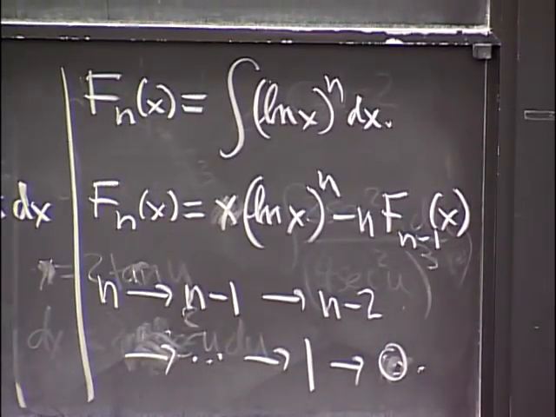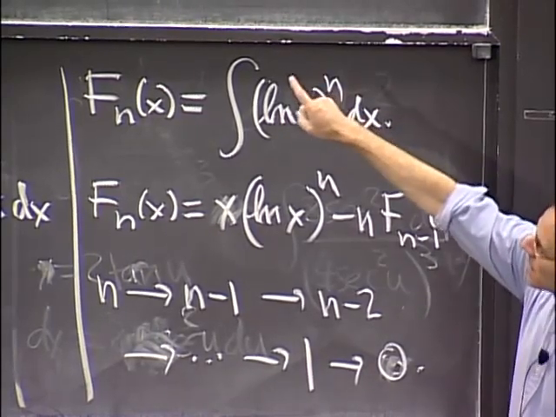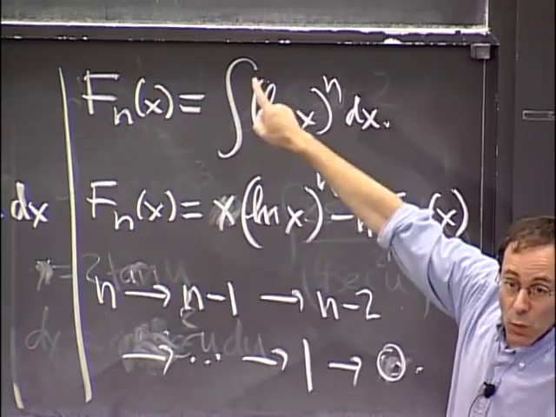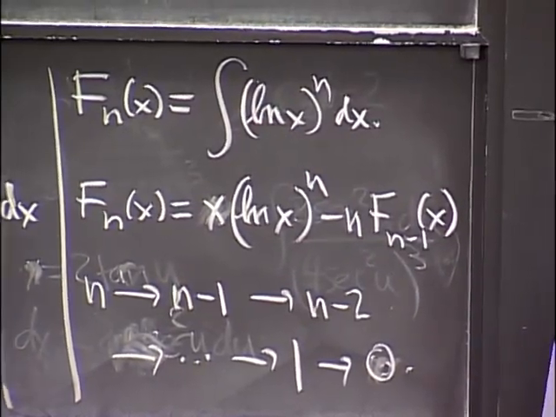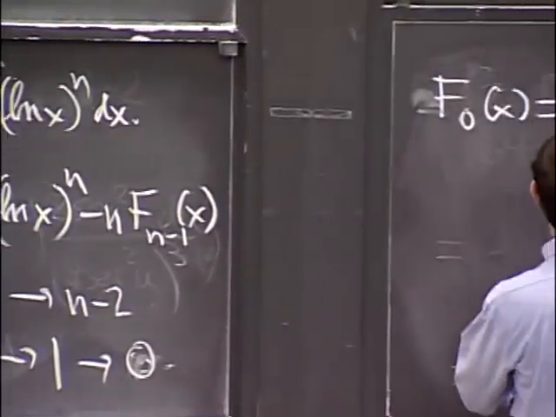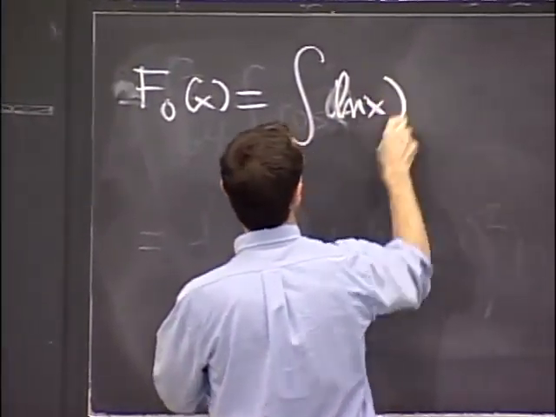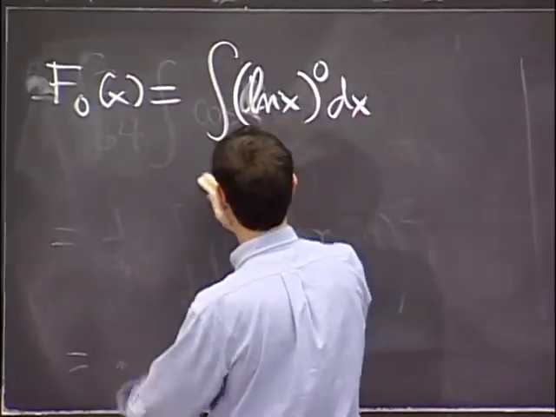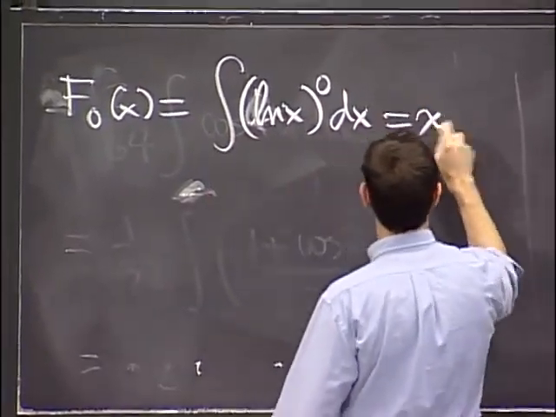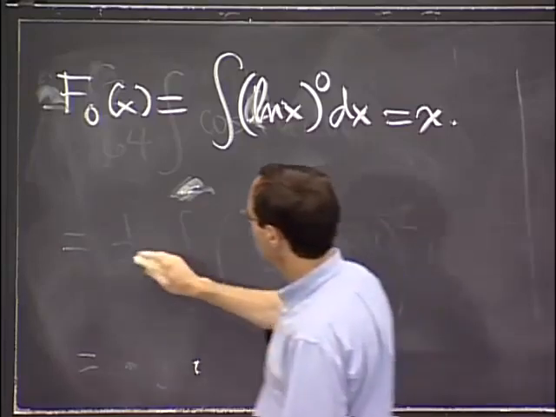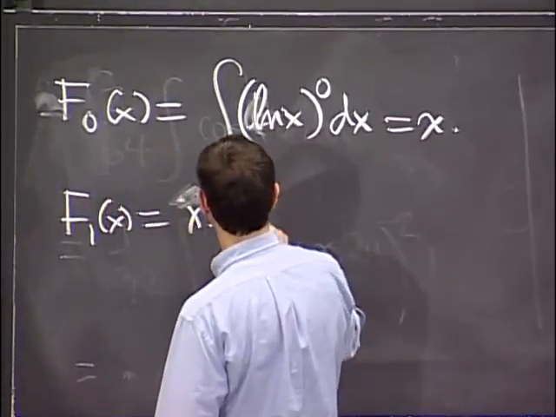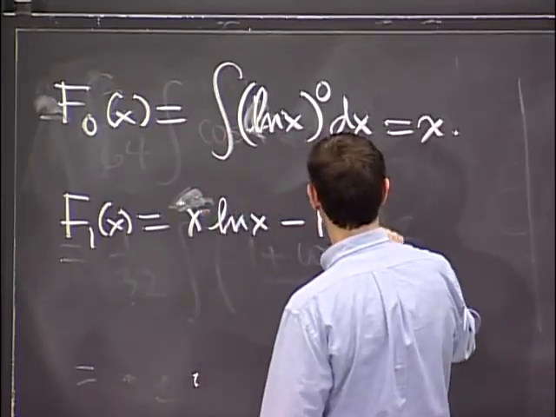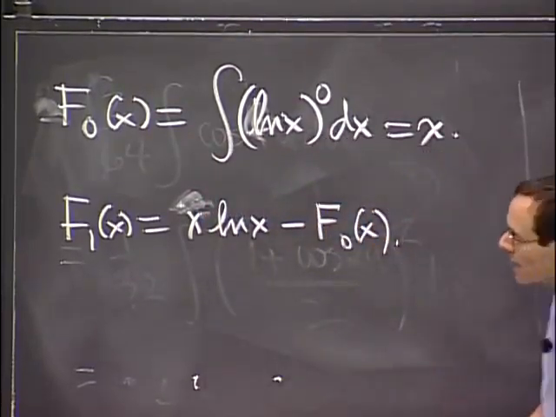All right, so this is the idea of a reduction formula, and let me illustrate it exactly in the context of examples 1 and 2. So the first step would be to evaluate the first one, which is, if you like, the integral of (log x) to the 0 power dx. That's very easy. That's x. And then f_1 of x is equal to x log x minus f_0 of x. Now that's applying this rule.